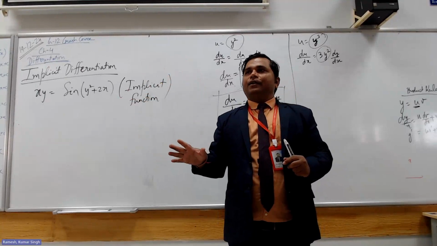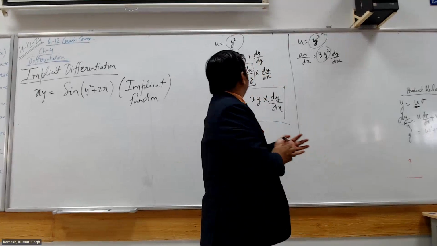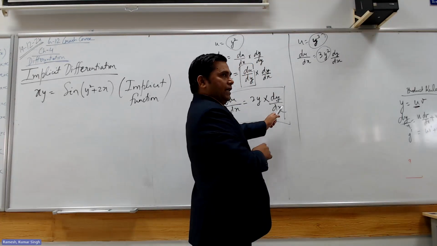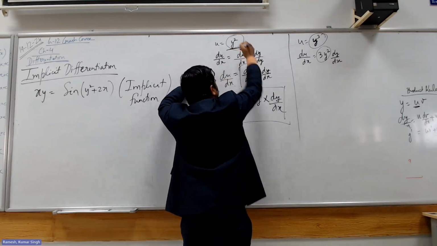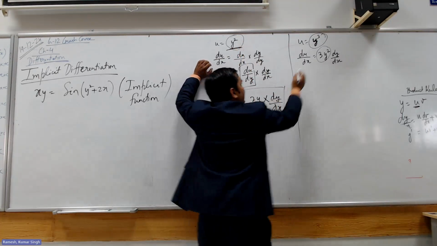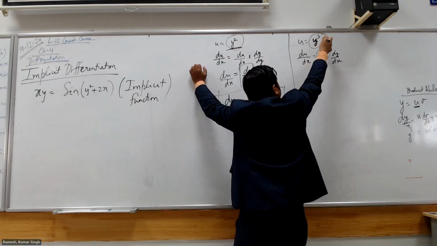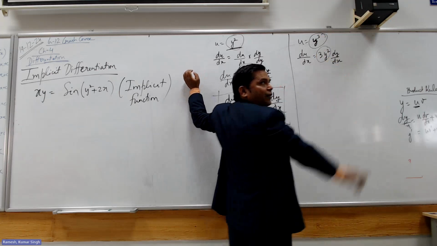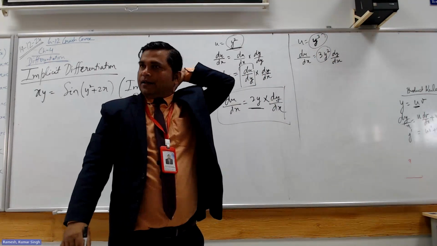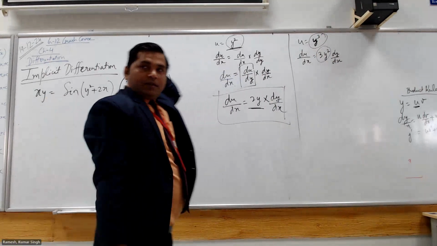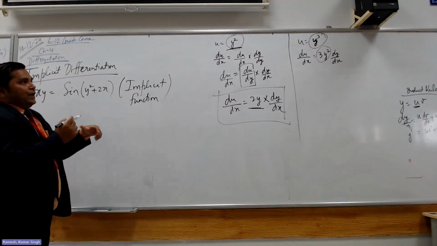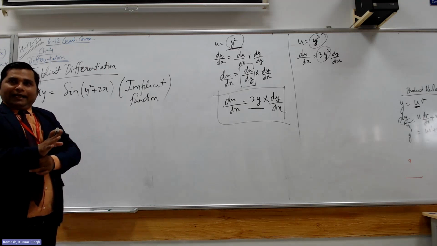Is that clear? As it was y squared, it's going to be 2y dy over dx. If it is y to the power 3, it's going to be 3y squared dy over dx. Is that clear? So that's how we differentiate y.